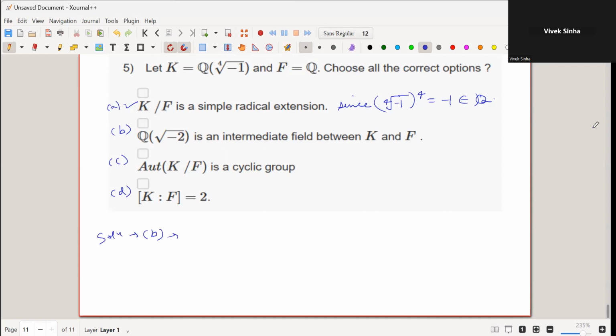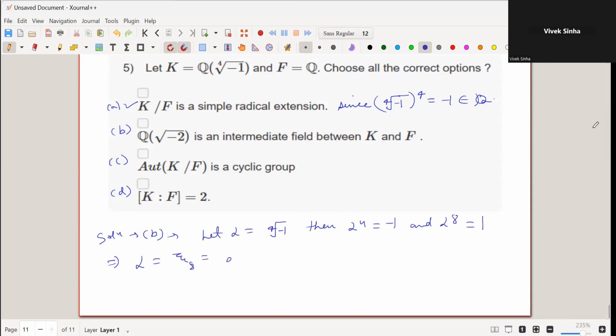So let alpha be the fourth root of -1. Then of course you have alpha to the 4 to be minus 1, and alpha to the 8 to be 1. This implies that alpha is nothing but the primitive eighth root of 1, right?